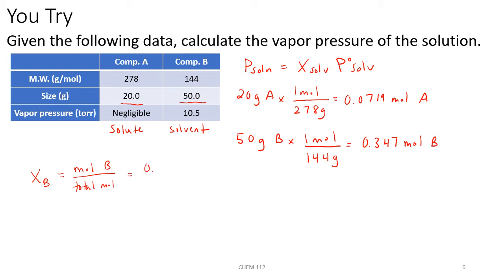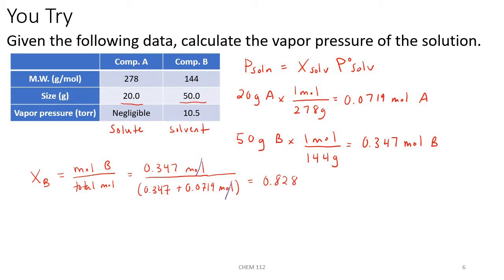So B goes in the numerator, 0.347 moles, divided by 0.347 plus our moles of component A that we calculated, 0.0719 moles. Canceling out our units of moles on the top and the bottom, we end up getting a mole fraction of 0.828.